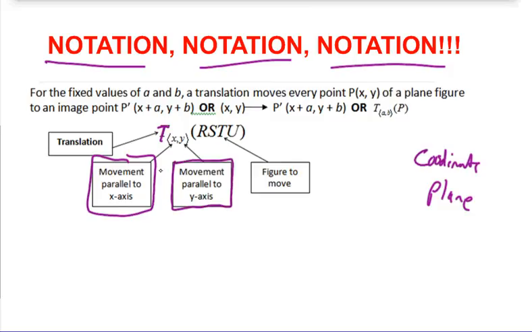Positives would be up, negatives would be down. And we're using these little angle brackets, and those are also a subscript, so smaller letters. Then at the end we're putting what it is that we're translating that many places. So this is the figure RSTU. Let's put this into action with a few examples.